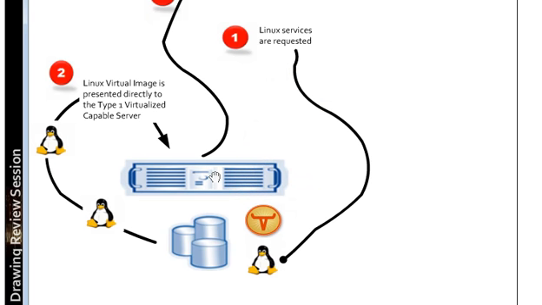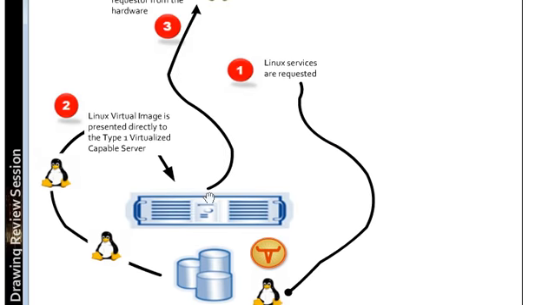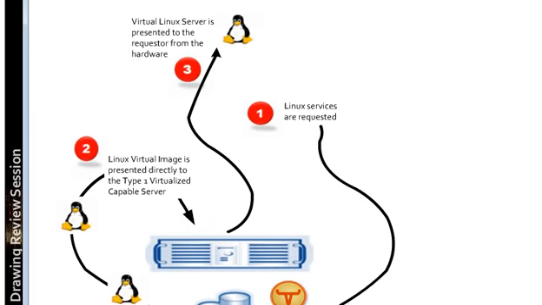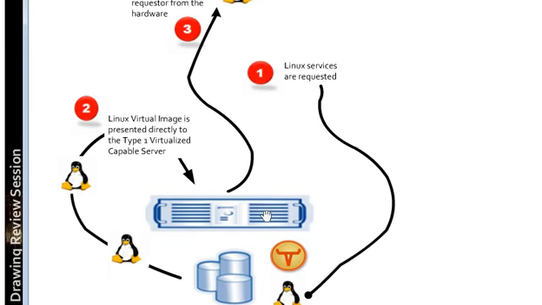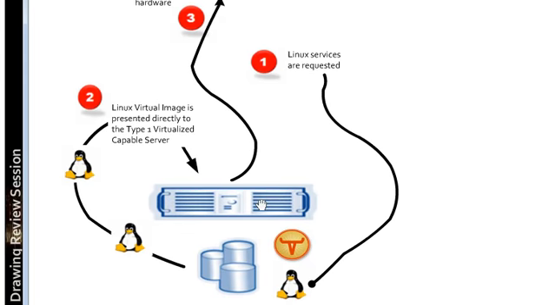The Linux services are requested, and the Linux image is directly delivered to the user, presented to the user from the hardware. So you get Linux here, everything works great. That is an example of Type 1 virtualization. Type 1 virtualization, again, is served directly from the hardware. Directly from the hardware. No host operating system.